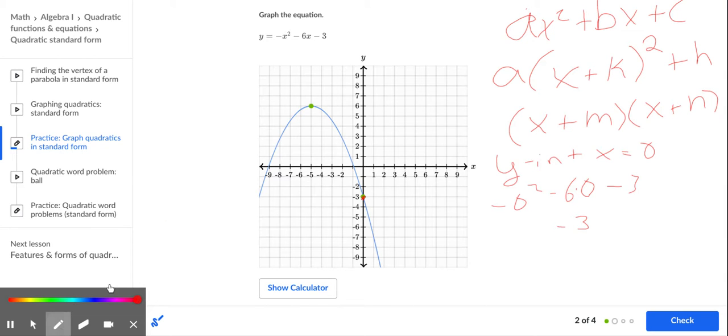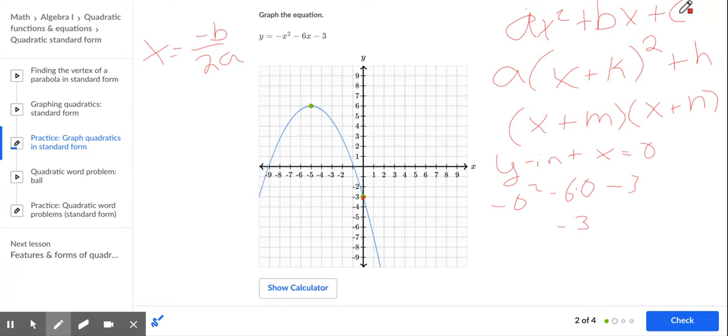So the vertex we can find using this formula: x equals -b over 2a. That will give us the x coordinate of the vertex. This is the same ABC that we used for the quadratic formula.